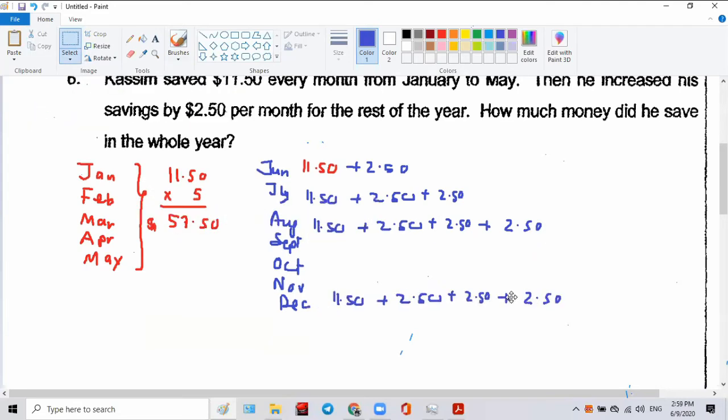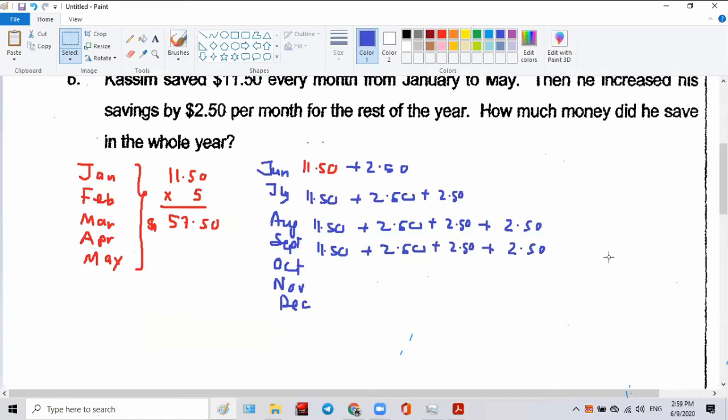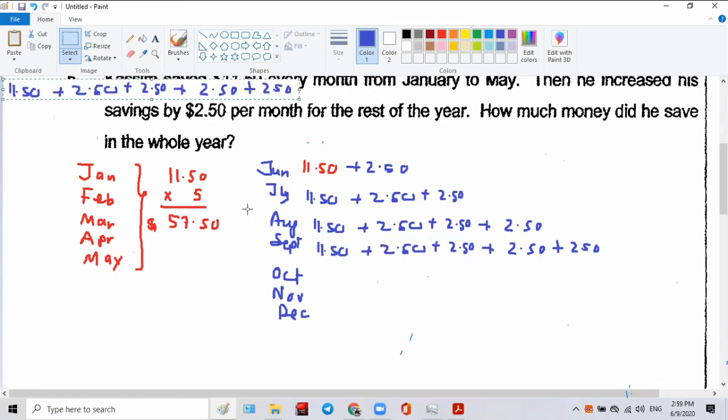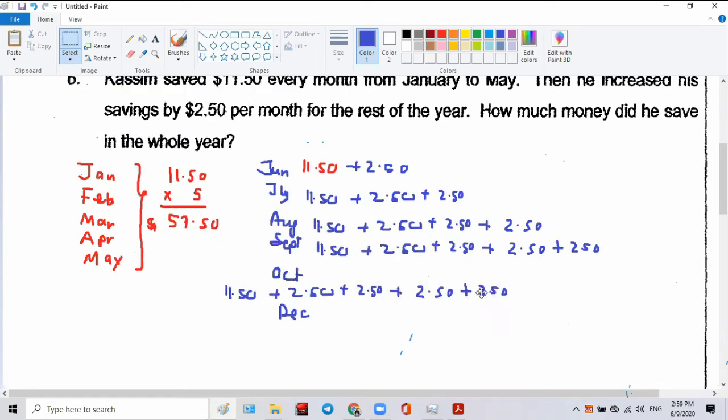So September is going to be plus 250. Can you see? Take a bit of your time. Sophia, are you following? If you can punch a calculator very fast, you may not need to write this. You just keep on adding 250, 250, 250.